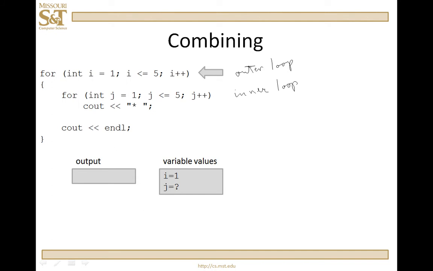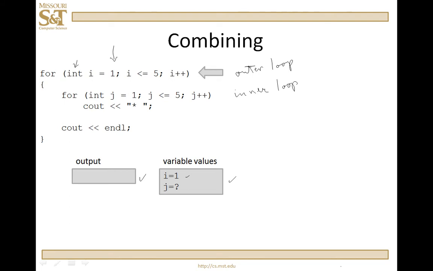Okay? Well, I've set up a tableau here so we can take a look at the output and the state variables of the loop. So let's do exactly that. When we begin, i is 1, right? It starts at 1. In fact, we declare the variable as an int, and we initialize it as 1.